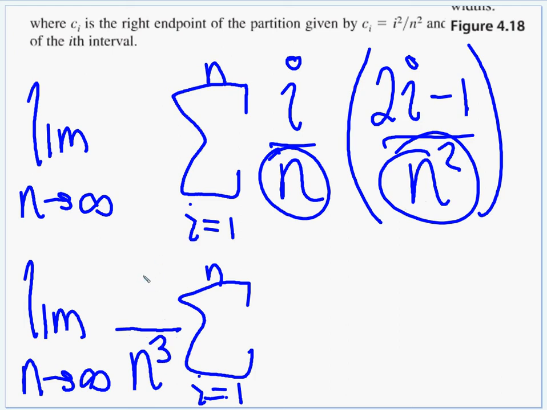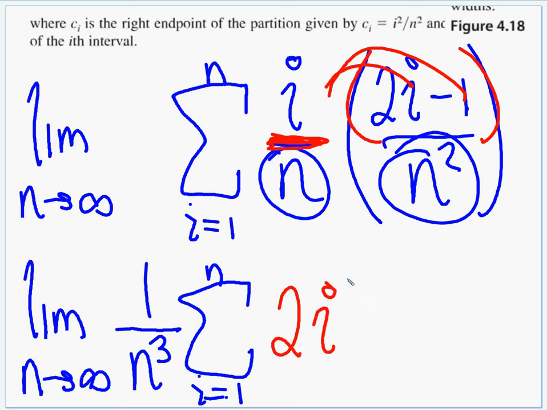So that is 1 over n cubed. And then we've got our summation symbol, and let's see what we're left with. Let me switch to red ink. We've got this i times quantity 2i minus 1. Let's distribute the i. So that's going to be 2i squared minus i.